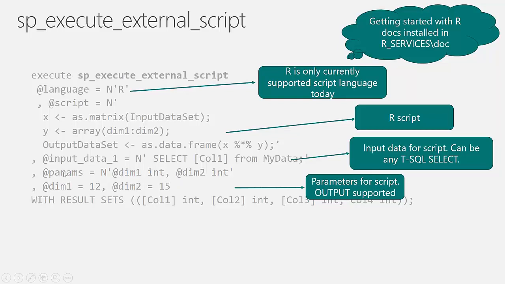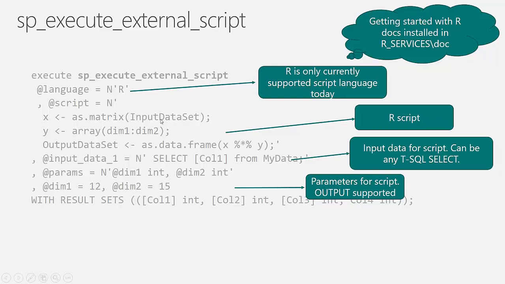And the parameter bindings, I mean, it works just by name. So like in this example, you can see that there is a parameter called dim1 in T-SQL, and that gets translated to a variable called dim1 in R, right? So that's how the name binding essentially works.